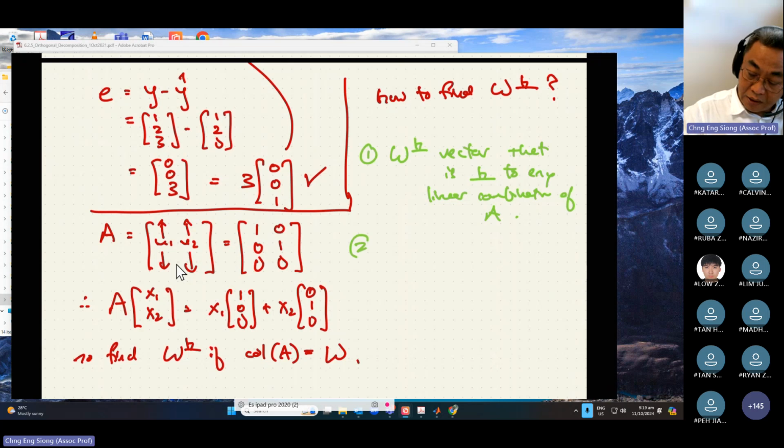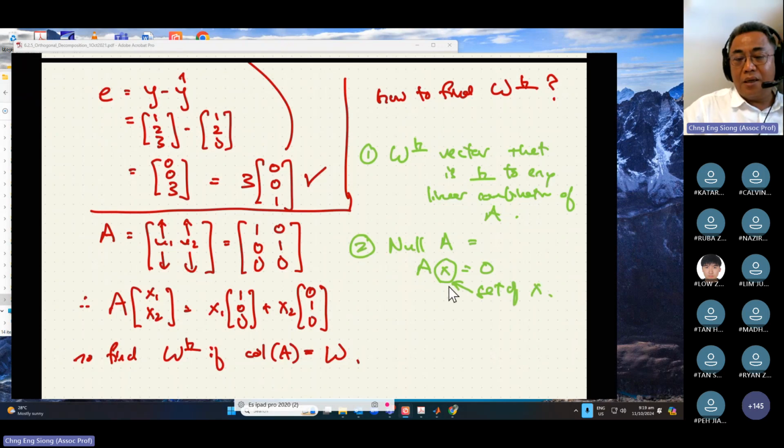So the null space of A is what? Ax equals 0 is the set of x to make this happen. But what is A? A is 3 by 2.